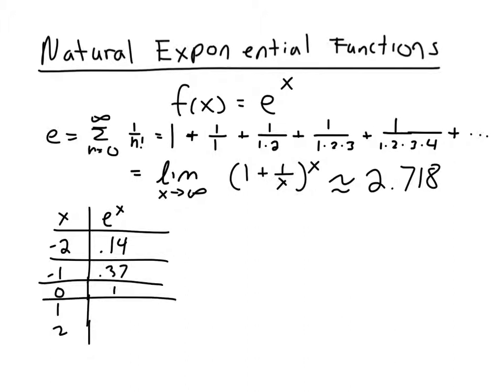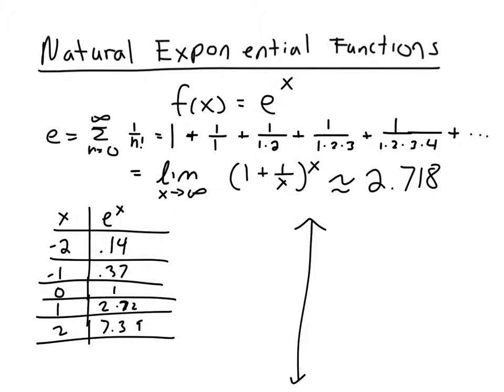Then 0.37, 1, 2.72, and 7.39. If you were to graph this, we count 1, 2, 3, 4, 5, 6, 7.